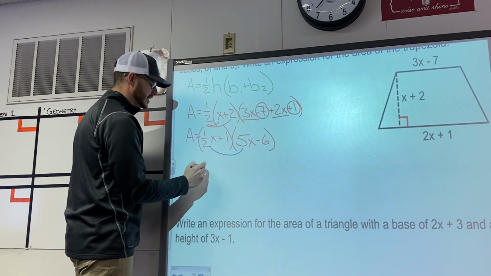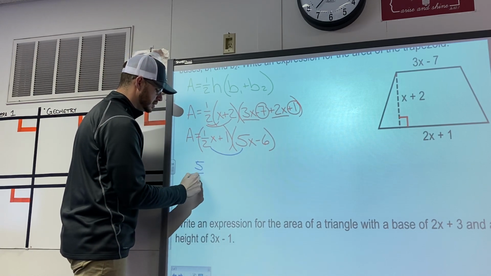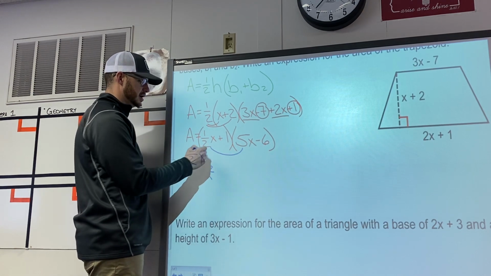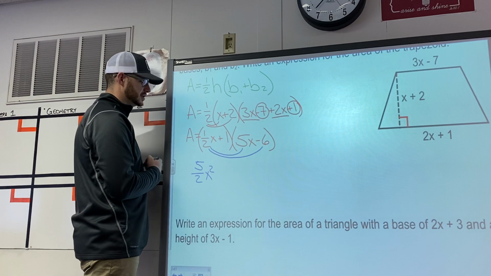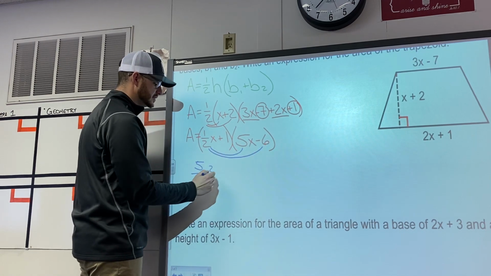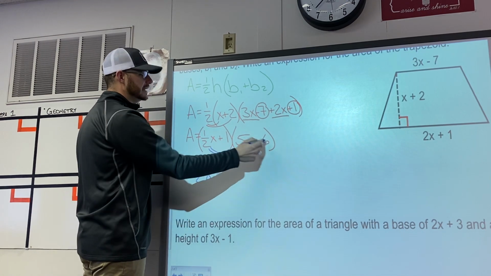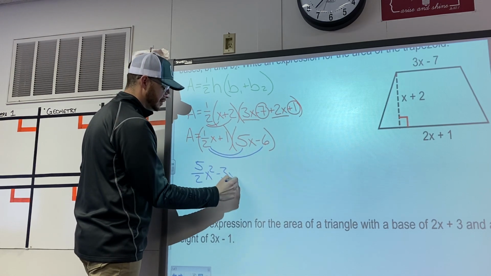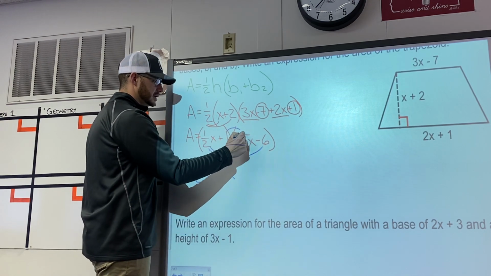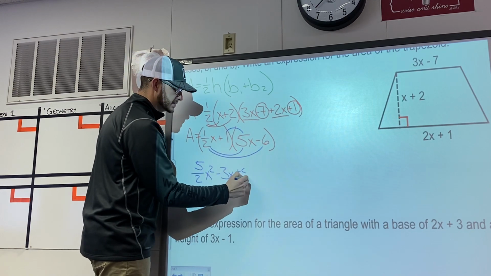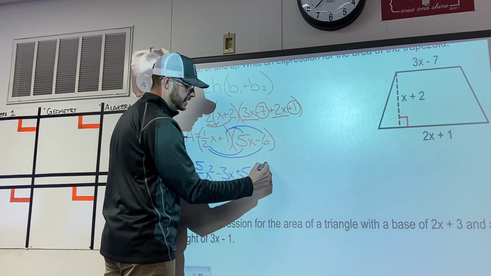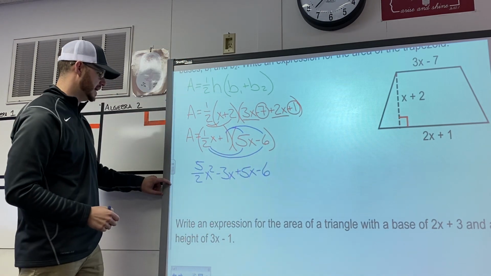So 5 times 1 is 5 over 2. x times x gives us x squared. Then our outer terms, 1/2 x times negative 6, sorry, would give me a negative 3x. Inner, 1 times 5x gives me 5x. And last, 1 times negative 6 would give me negative 6.